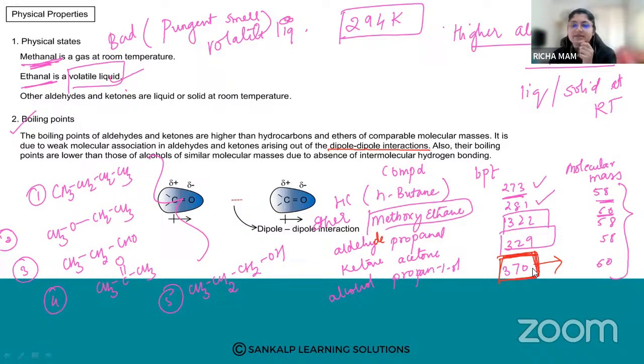As you see, the molecular masses are the same, but the boiling points differ. Aldehydes and ketones have higher boiling points because of weak dipole-dipole interactions as compared to hydrocarbons and ethers. Is it clear about boiling point?